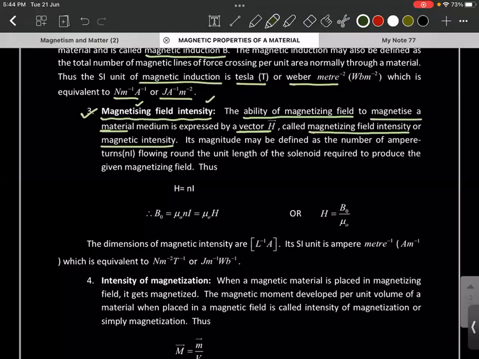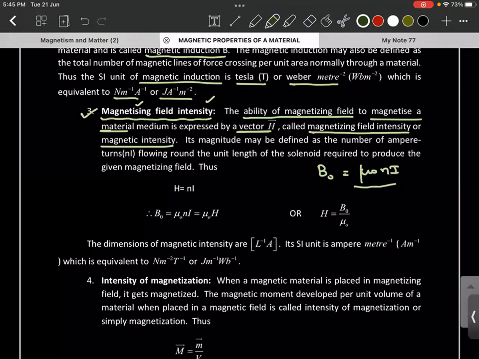Okay. So we already saw that the value of magnetizing field intensity is mu naught into N into I. By the way, I want to stress on one point. This is not the standard formula for magnetizing field.